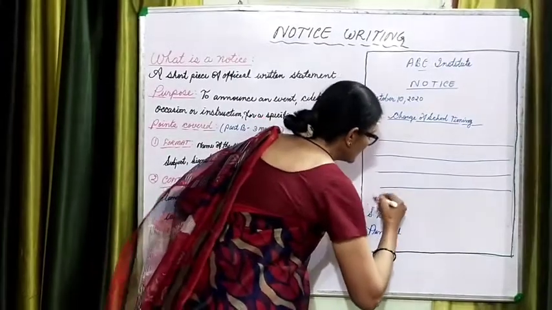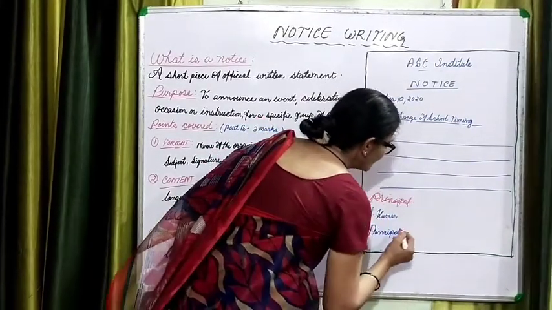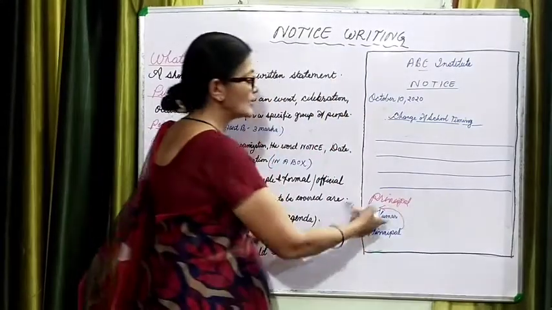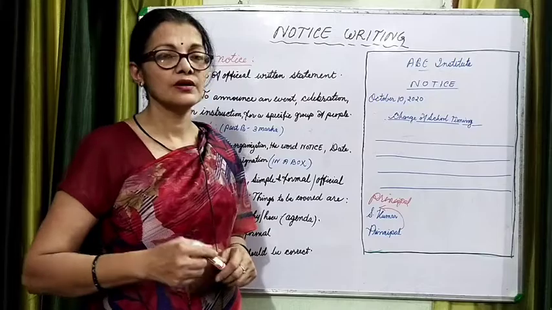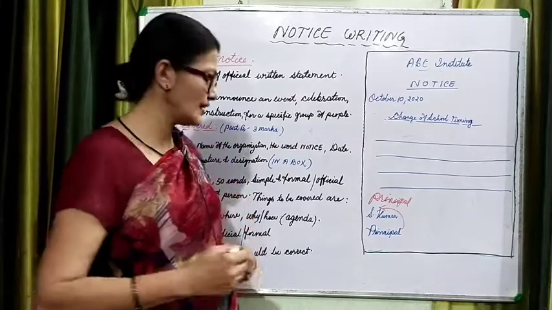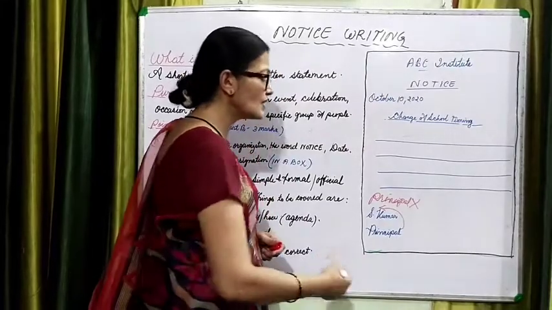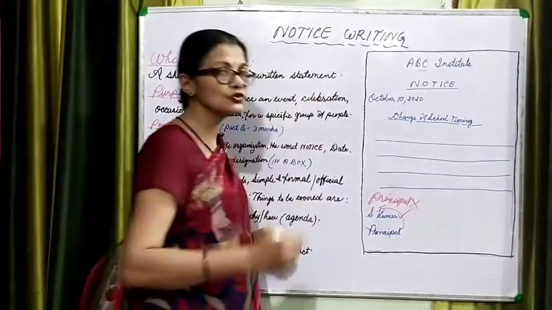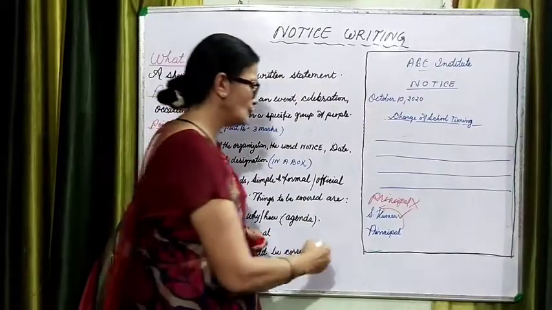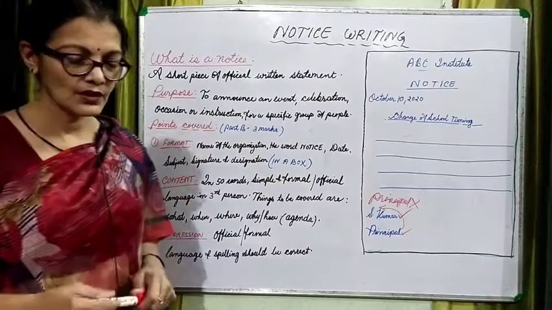If you write the position, principal, first and then mention the name below it, that is incorrect, children. The correct format is that the name of the person should come first, followed by his position.